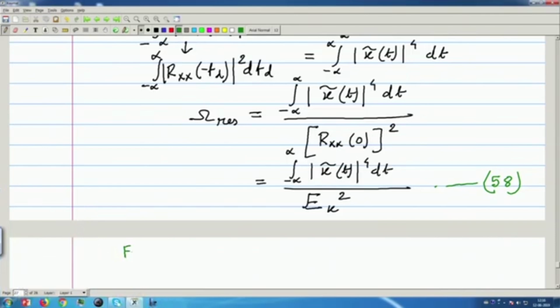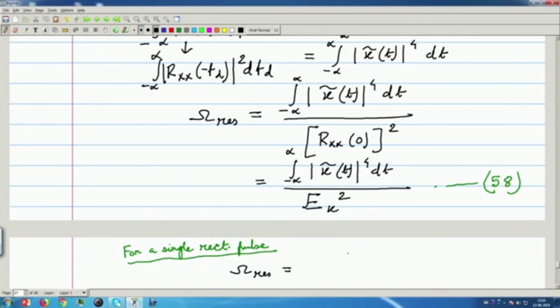So for a single rectangular pulse, we can find this. What will be this x t?